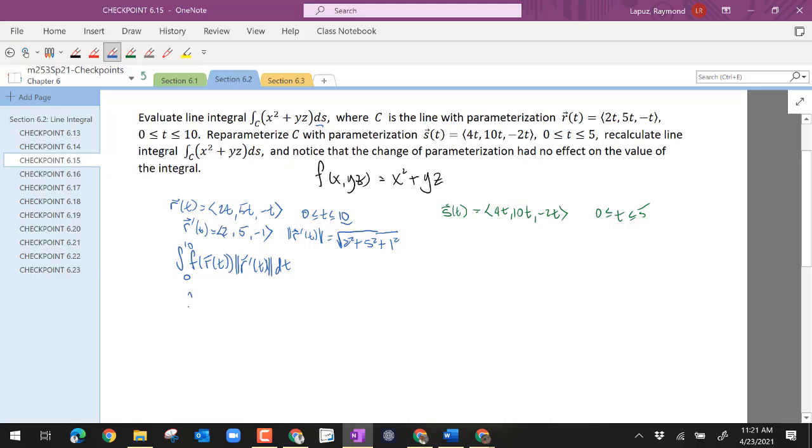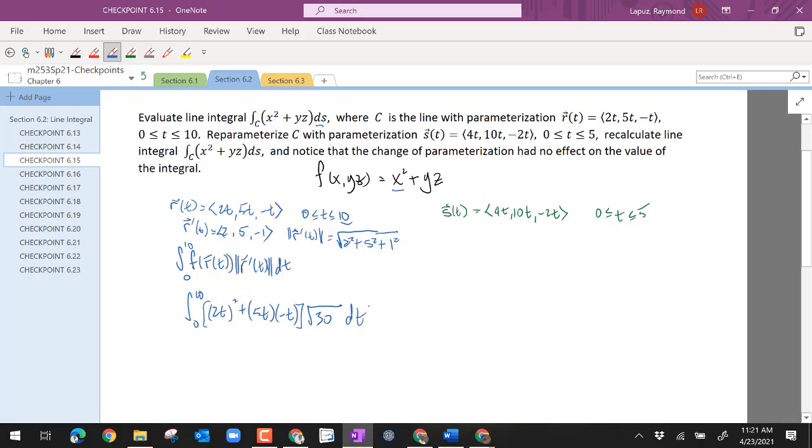Okay, this is an integral from 0 to 10. f is x squared plus yz, so this will give us 2t quantity squared plus y, which is 5t, times z, which is negative t. So that's the function evaluated at r of t, and then we want the magnitude of r prime, which is 25 plus 4 is 29, plus 1 is 30, square root of 30.